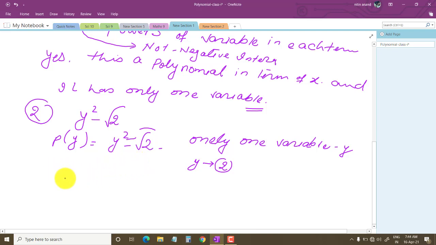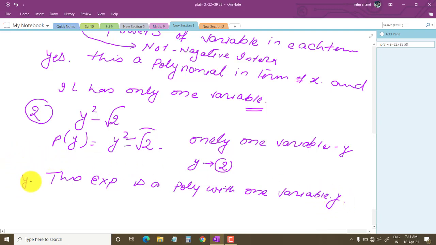Therefore, at last we can say firstly that yes, this expression is a polynomial with one variable y. This is our complete solution for the second example.